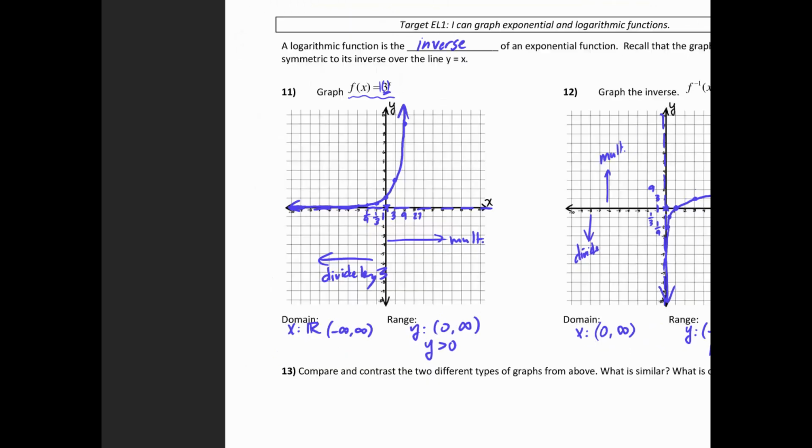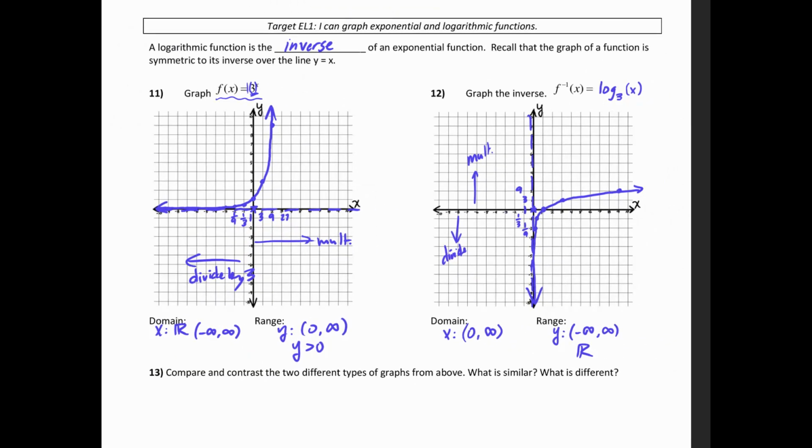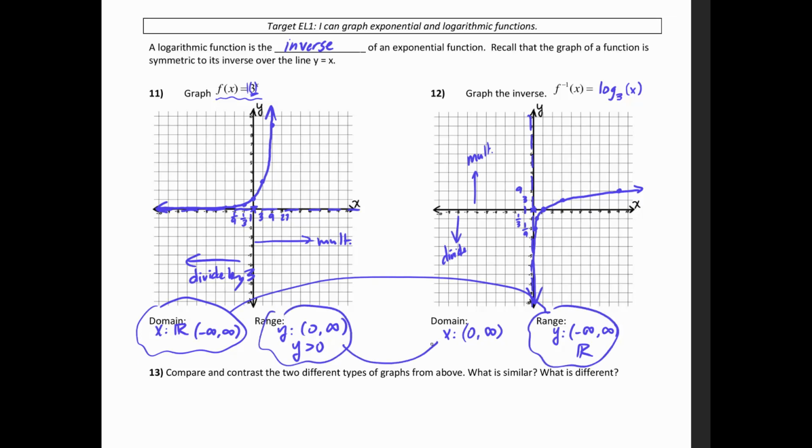So if you recall inverses, as I zoom out, the domain of one will map to the range of the other. The range of one will map to the domain of the other. And you can see they match up pretty well. In fact, I could, for the domain of the logarithm, say, hey, x is greater than 0. So it even has that thing in common.